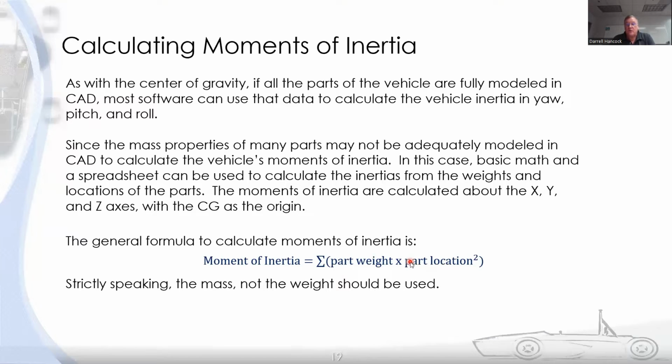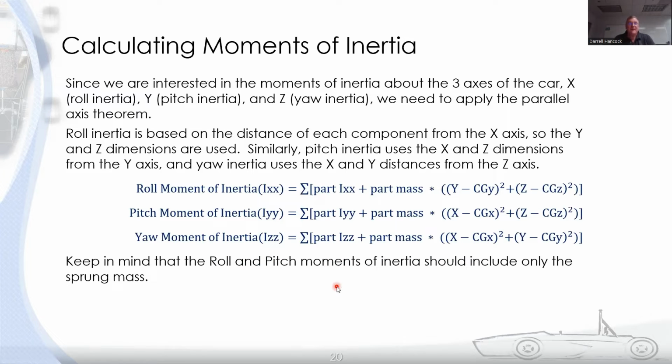So it's really the square of the radius that your part is from the center of gravity. And strictly speaking, it's the mass of the part, not the weight. As long as we compete on Earth, they're related by a factor of 9.81 in metric units.